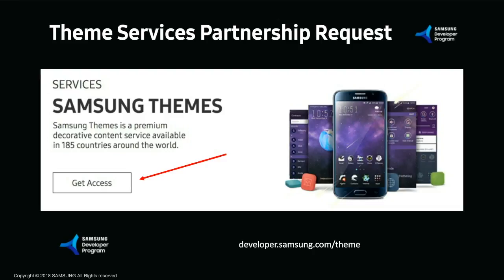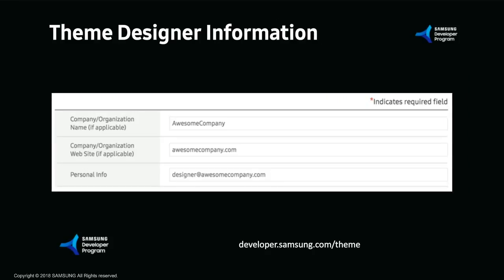Anytime outside the open window, for example before September 19 or after October 3, the Get Access button would not be displayed. Once you've logged into your Samsung account, you click on the Get Access button, and it will redirect you to another page where you can fill out the application.